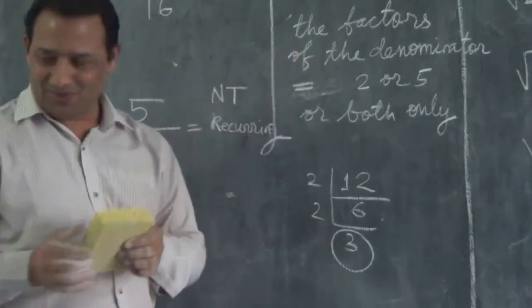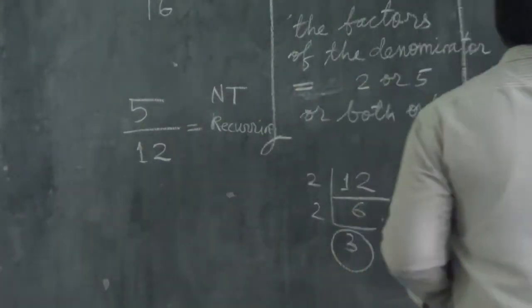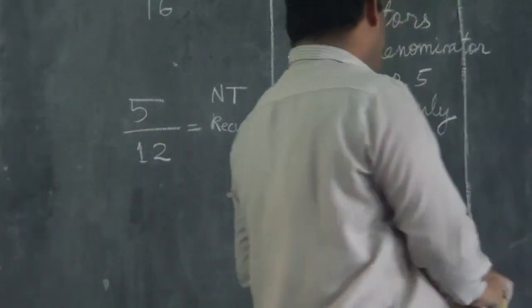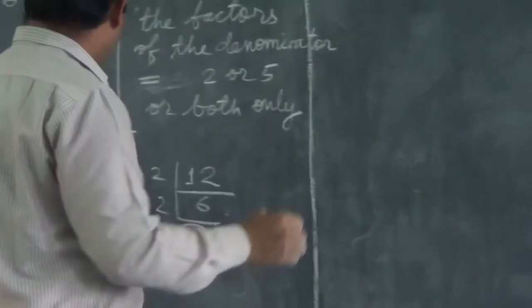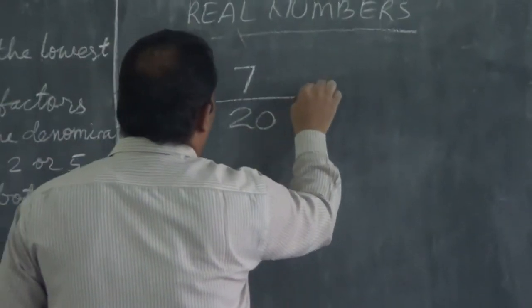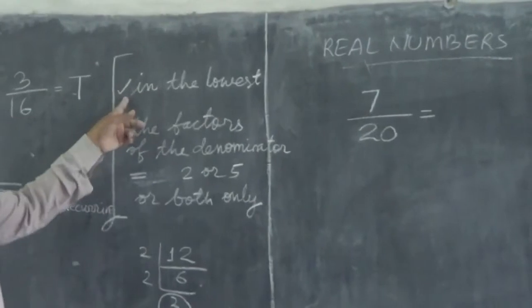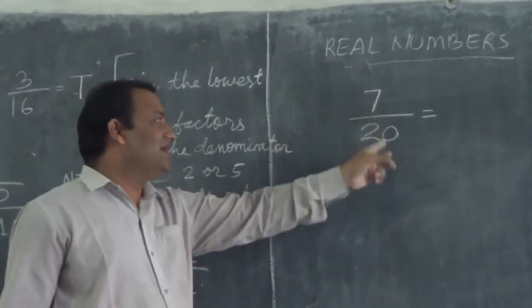We will take one more number and we will see whether a fraction when converted into a decimal number will give terminating or recurring type of decimal. So see children, here is the first condition true? Is it in the lowest term? Can you cancel here?